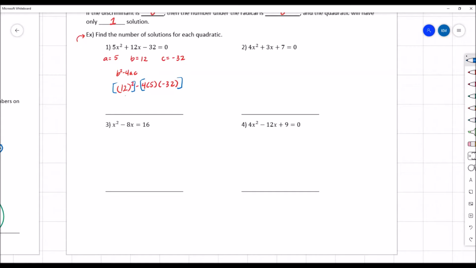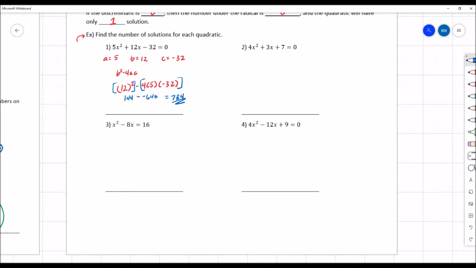So 12 squared is 144. We have 20 times negative 32, which gives us negative 640. And that would be minus negative 640, which turns into plus. So that's 784. So our discriminant is 784.